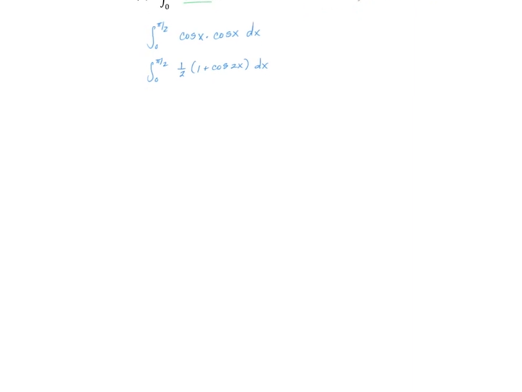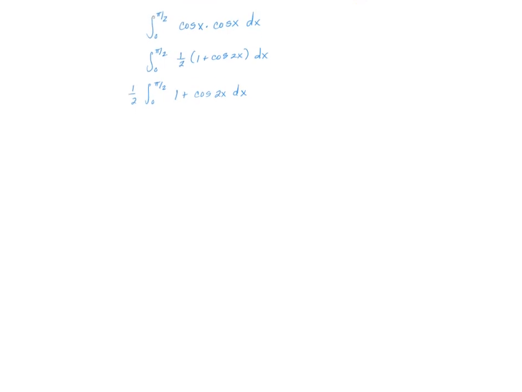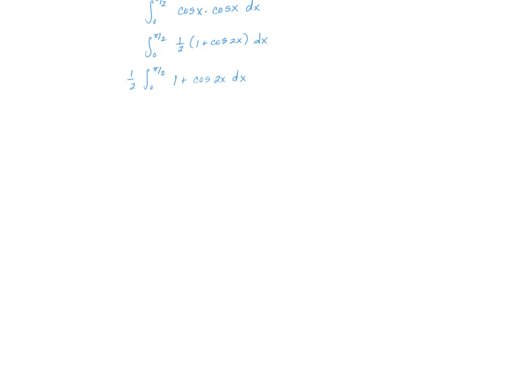And now if I choose, I can pull the 1/2 out. And we can just go ahead and evaluate this, but instead of evaluating it, the 1 plus cosine of 2x, what I'd like to do instead is do a substitution. Now I don't have to.